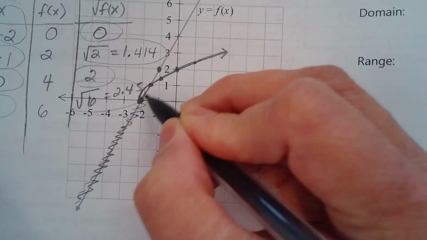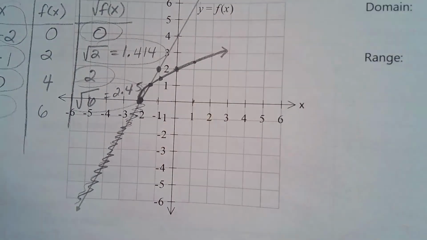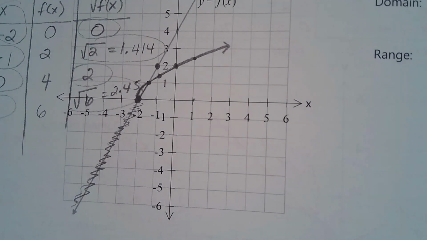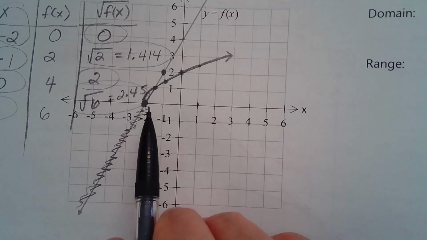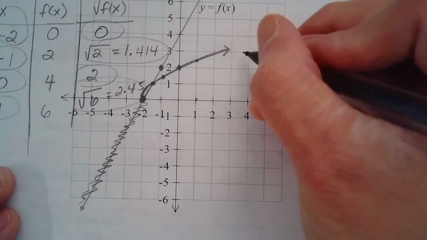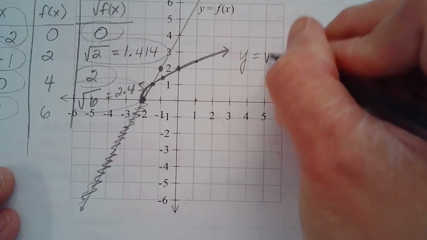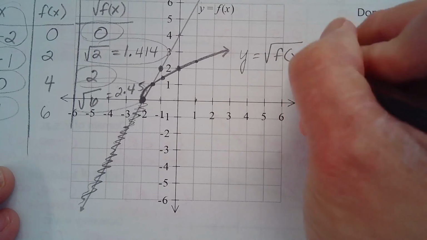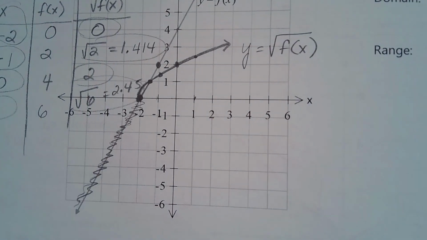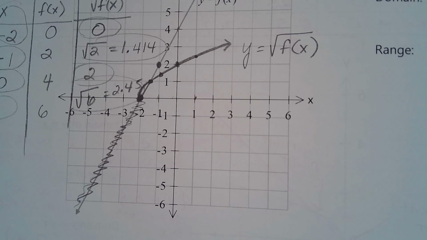This is that little bubble that we were talking about earlier. So from there, we have the graph of y equals the square root of f of x. Is everybody okay? Now, this is our first example, so we'll take a look at the next one.